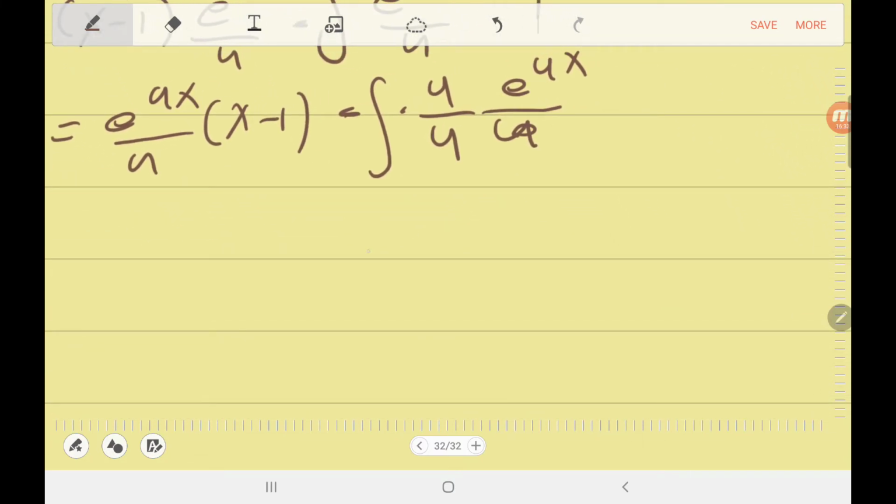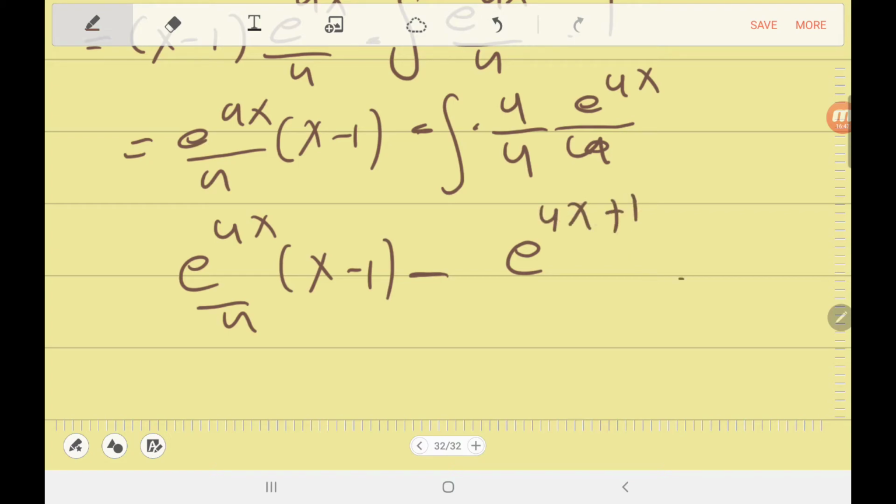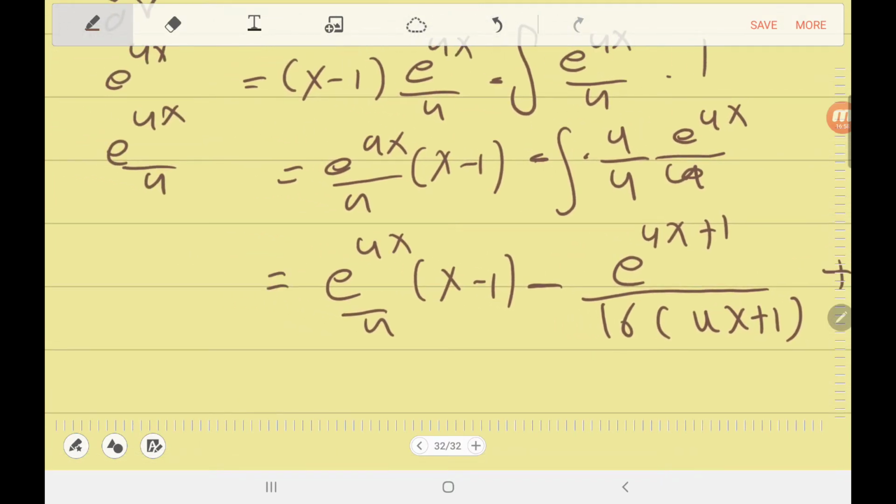So the answer at the end is e to the 4x over 4 times x minus 1, minus e to the 4x plus 1 over 16 times 4x plus 1, of course, and then at the end plus c. That's the integration.